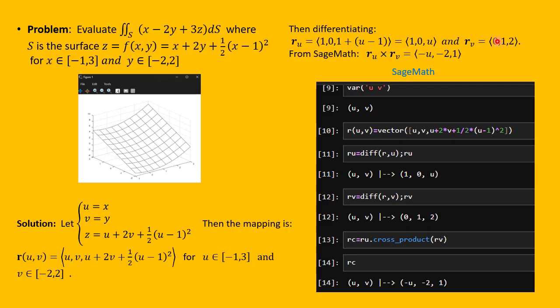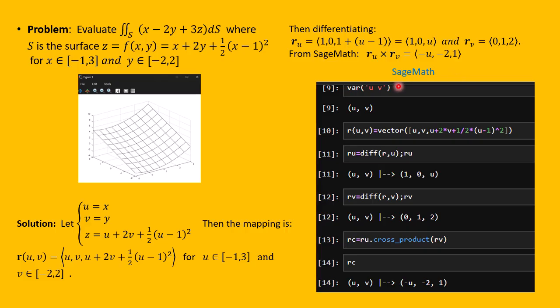And so the partial derivative of r with respect to v is the vector 0, 1, 2. Now, we know how to take, hopefully, cross products of vectors, and we will short circuit the procedure by using computer software. We'll use SageMath.